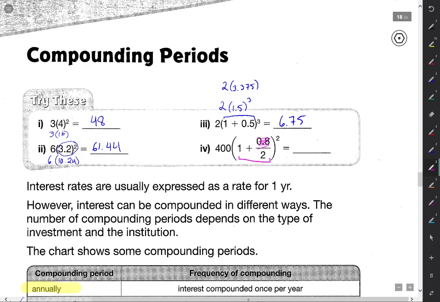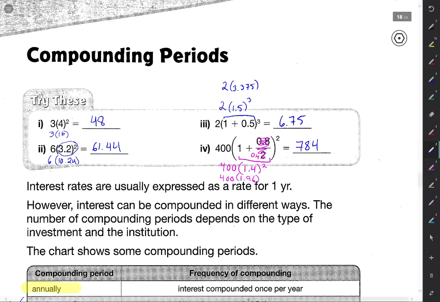So instead of all this here, we would have 0.4, and then 1 plus 0.4 would be 1.4. So we have 1.4 in the brackets, and then to the power of 2, and that 400 is on the outside there. If we do 1.4 to the power of 2, we get 1.96, and we're going to multiply that times 400. If we multiply that by 400, we would get 784 as the final answer.